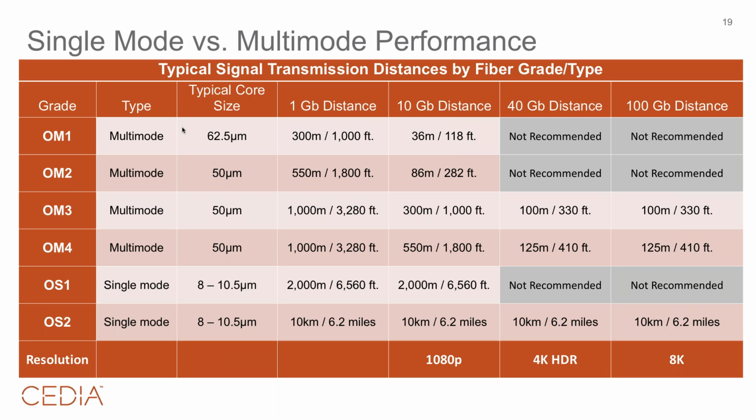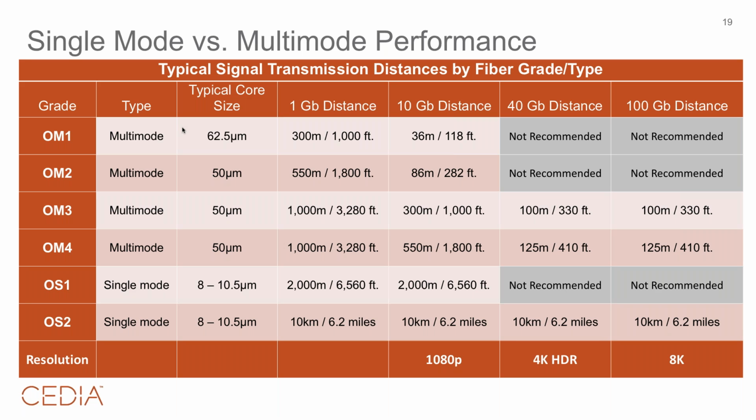OM4, and now you're even seeing OM5s, are the higher grade fiber. It's a better optical quality, meaning we can send more bandwidth and we can send it further. In the single mode world, there's really two ratings, OS1 and OS2, okay? Real world, we see a lot of OM3, OM4, and we see OS2.